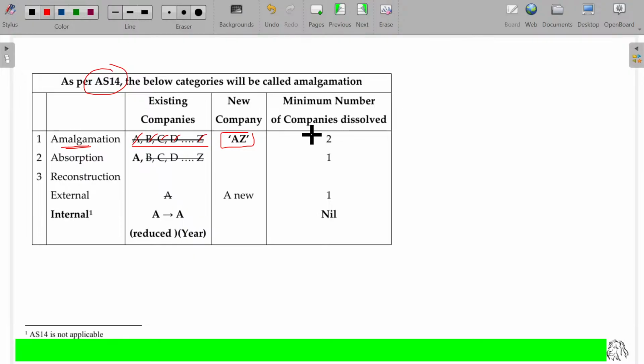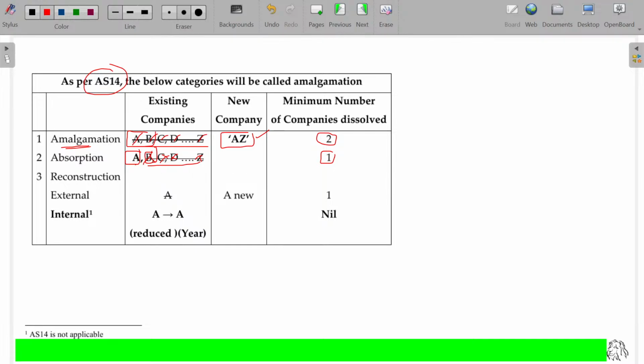Here, minimum two companies will be closed, maximum any number of companies, and a new company is formed. And earlier we called it, if one of the leading companies takes over all other companies, all other companies are closed. From this it is very clear, at least one company will be closed and sold.